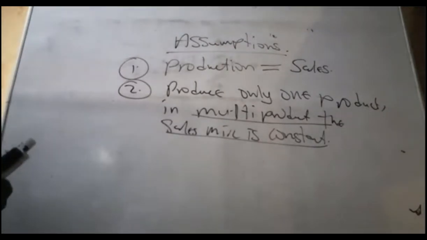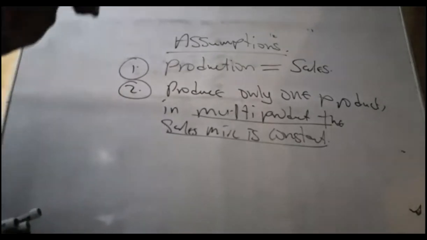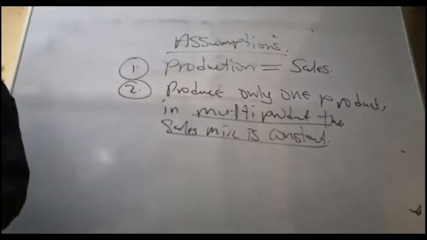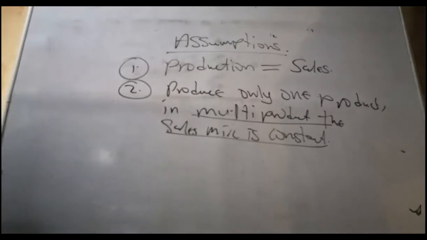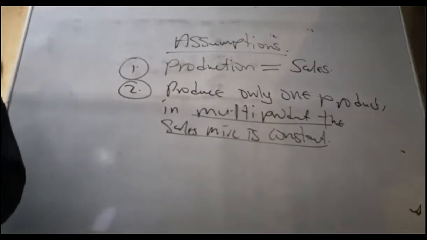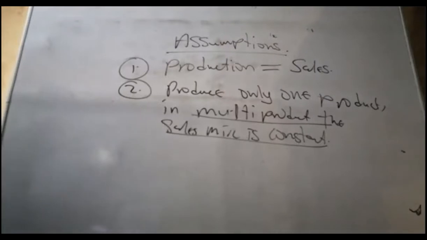And this will be constant. So if you dispose of 1 duster, you have to wait to sell off 4 markers before you can sell another duster again. In reality, that's not true. The consumers will determine what they will buy.